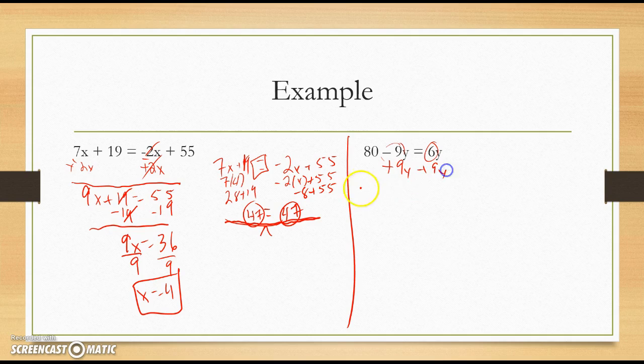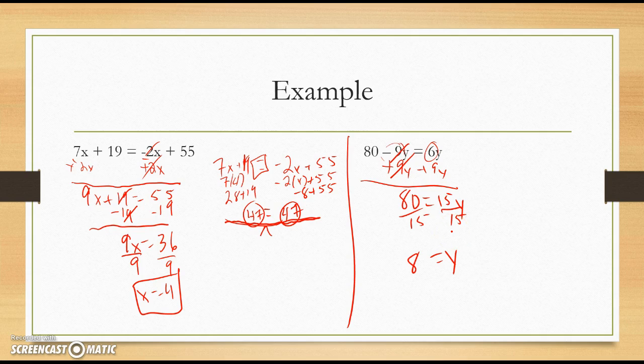80 equals 15y. Now I want to isolate the y, so I divide by 15. y equals 8.